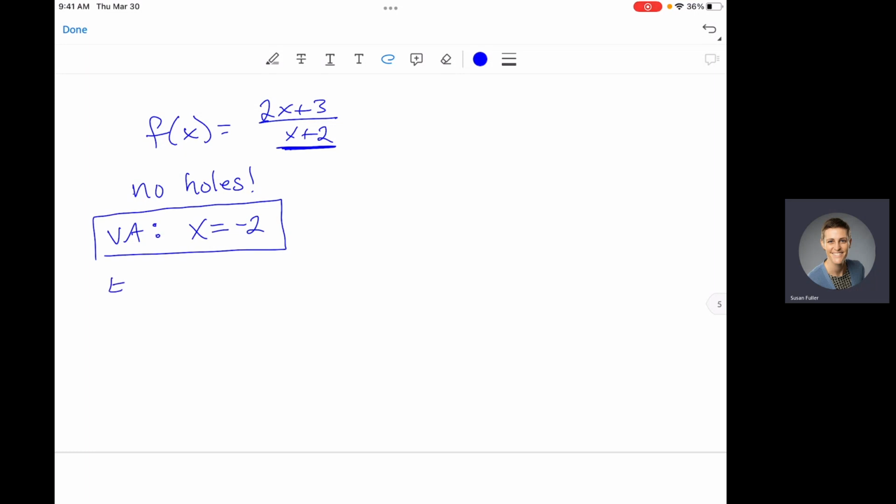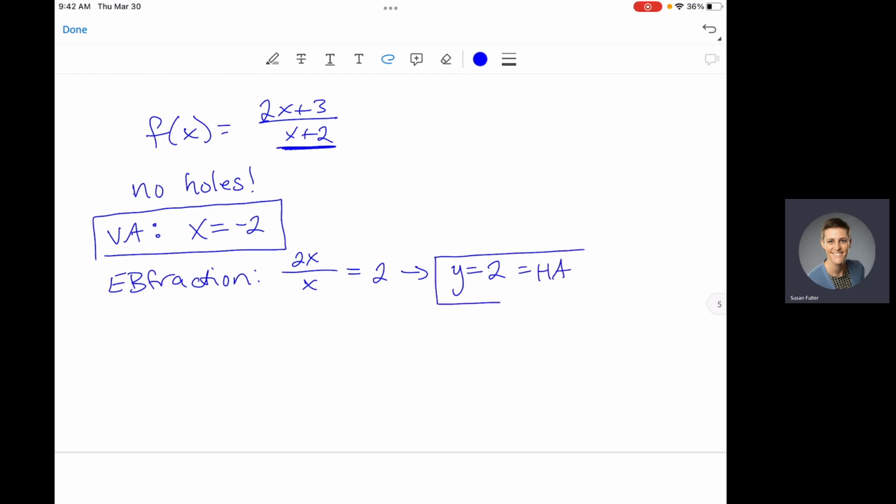Horizontal asymptotes come from our end behavior fraction, which is leading term on the top, 2x, over leading term on the bottom, which is x. This simplifies to 2. As x goes to infinity, 2 stays 2. So that means y equals 2 is my horizontal asymptote.